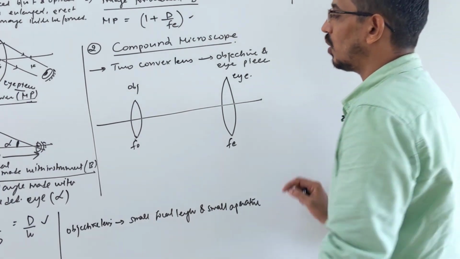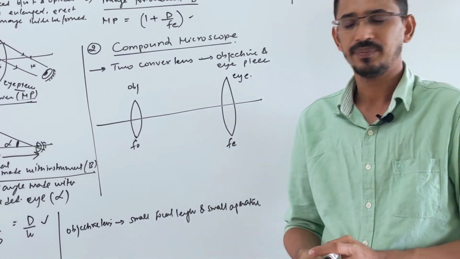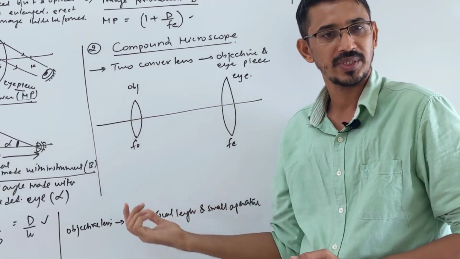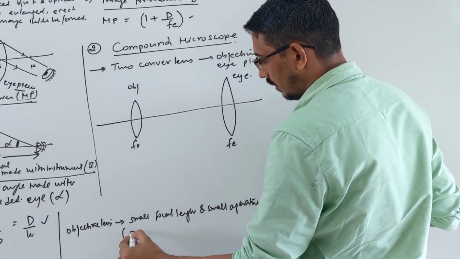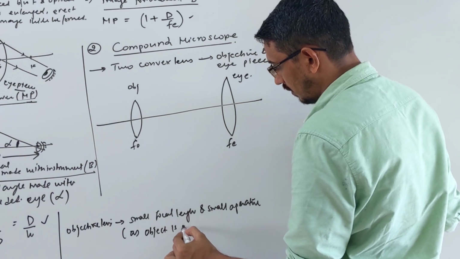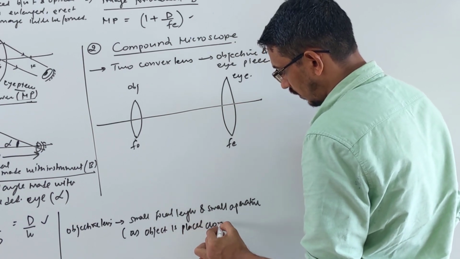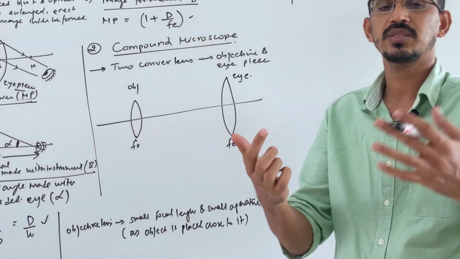Why do we need it small? Because the object is placed close to this lens itself, so we need less light, which means less aperture. You only have to collect a small amount of light.